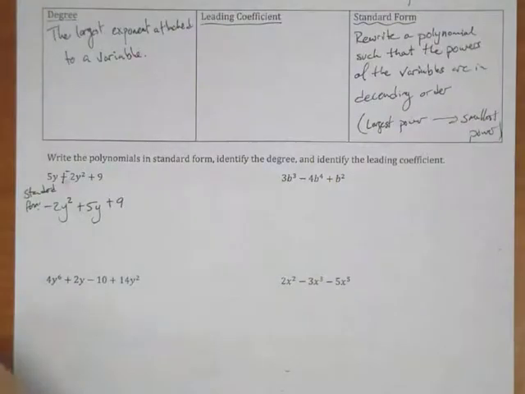Later on, when you take Algebra 2, when we start incorporating multiple variables, we'll see that degree is adjusted so that it's the sum of the exponents of all the variables. So if you have more than one, then we add up all the exponents that we see for any one term.